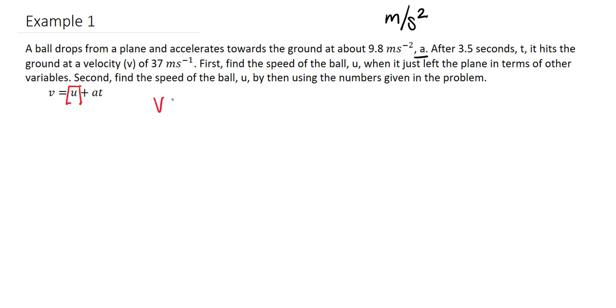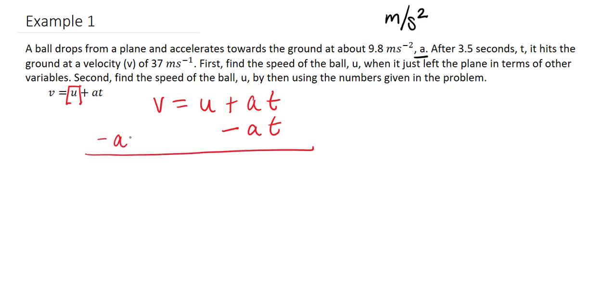Let's just rewrite this. We want to get u by itself. So all we would do is subtract at on both sides. Since we don't have anything else to combine it with, we just leave it as -at right there.